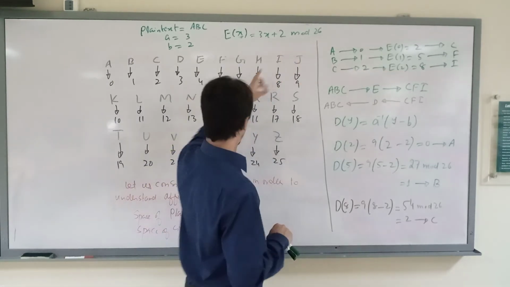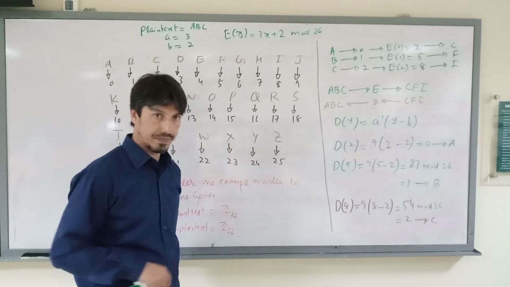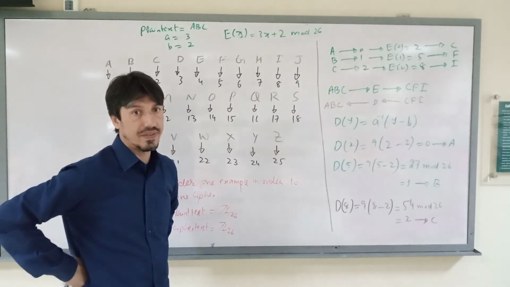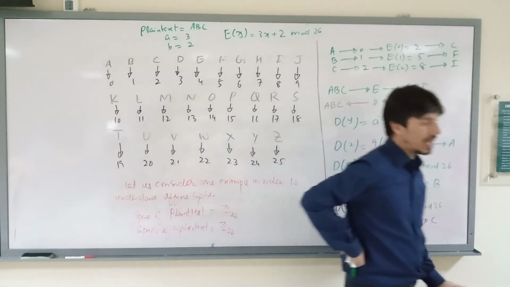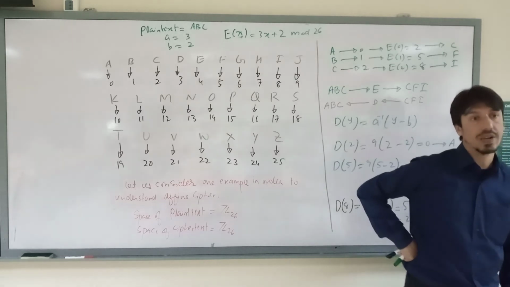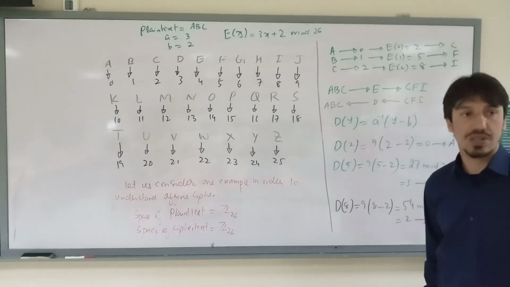But how many possibilities are there over B? 25, from 1 to 25.